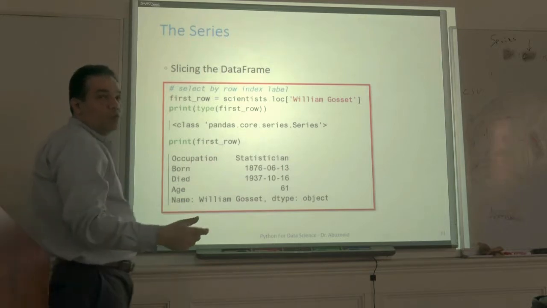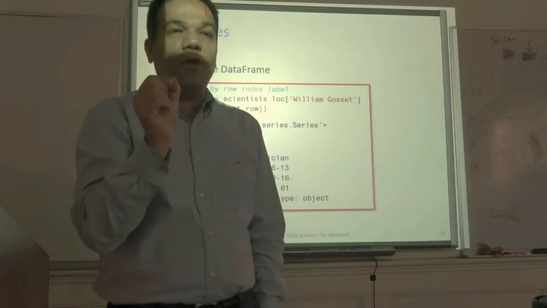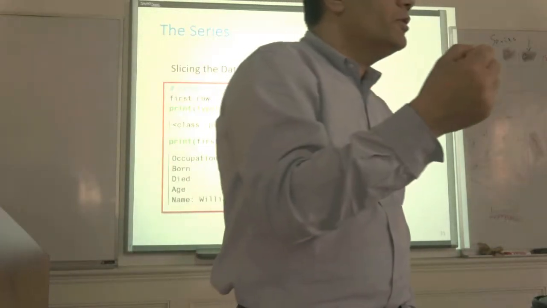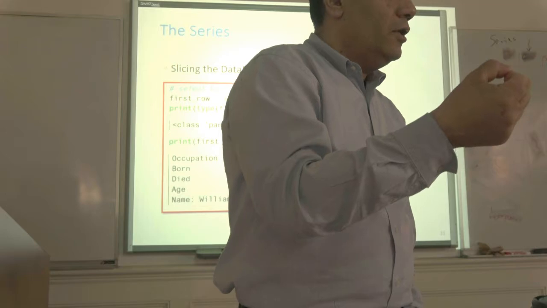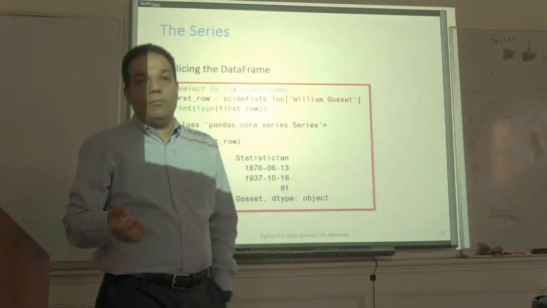So if I slice one row from any data frame, the type becomes a series. If it has more than one row, it will be a data frame.